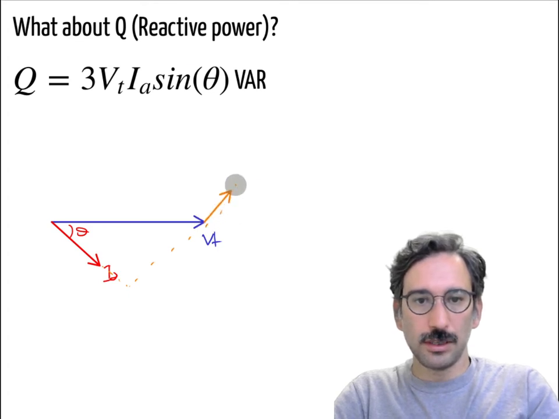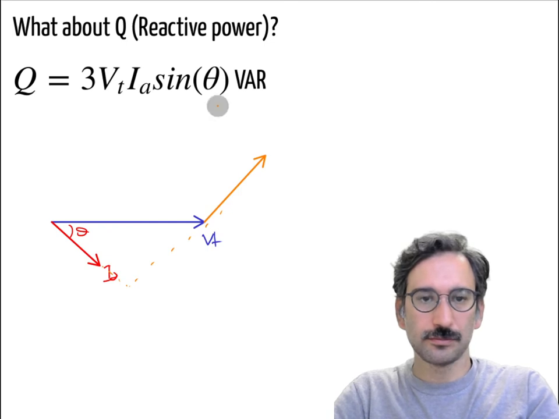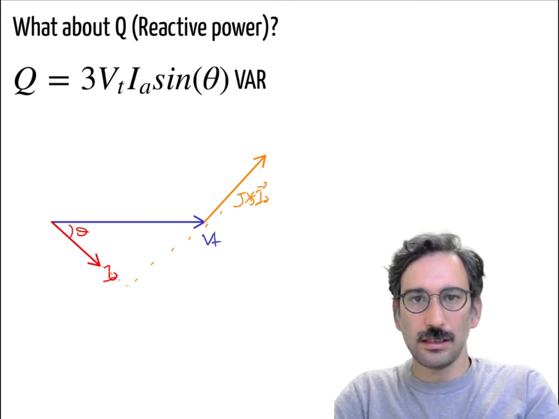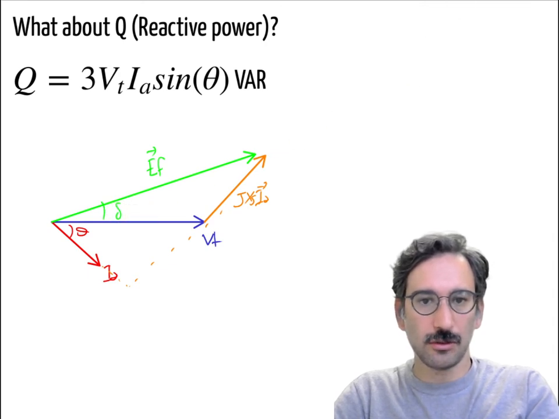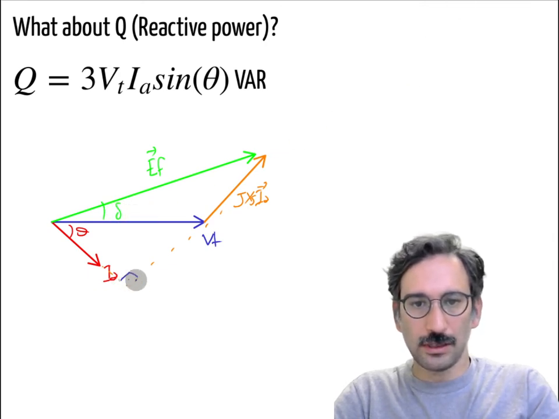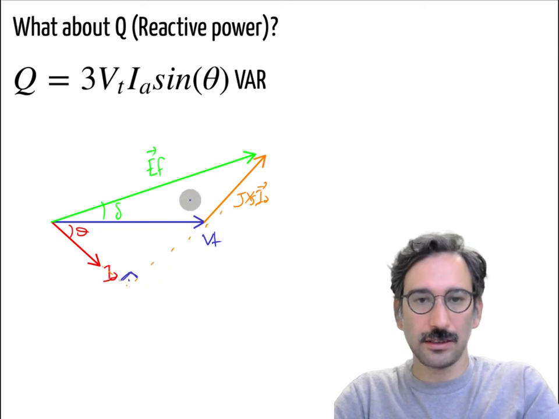That will be the jXs Ia vector, and this was the Ef vector, and this is my load angle, and of course I know that one is 90 degrees.